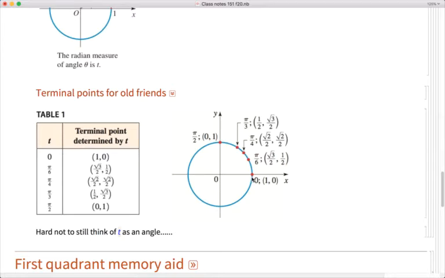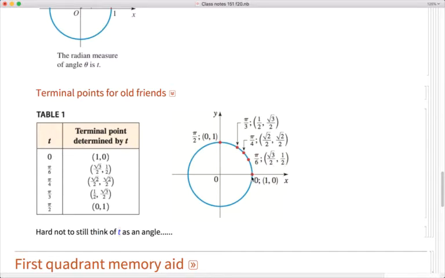It is, I would say, hard not to continue to think about these numbers as being angles, but in our current context, they are in fact distances that we travel along the unit circle. So when we travel a distance of pi over 6, we wind up at this point, and the x and y coordinates are root 3 over 2 comma 1/2.